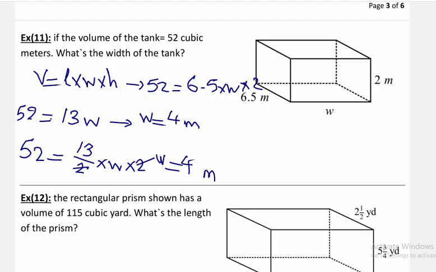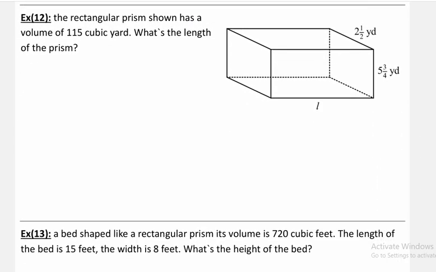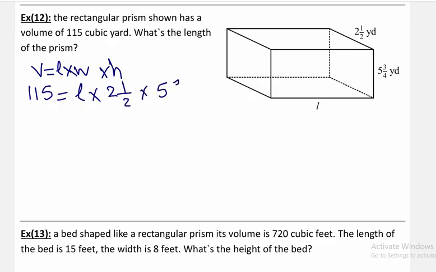Another one. Try to solve it yourself and check your answer. The rectangular prism shown has a volume of 115 cubic yards. What is the length of the prism? Again, apply the law. Volume equals length times width times height. Volume is 115 equals length, I don't know it, width is 2.5, height is 5 3/4.